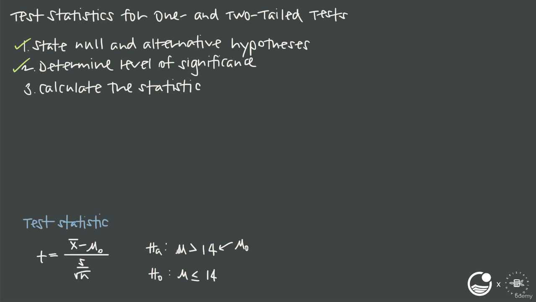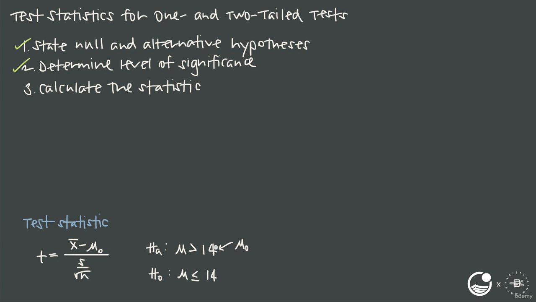Let's say, working with this set of hypothesis statements, that we are running a warehouse, a distribution center, shipping out orders, and we're hypothesizing that mean order processing time is longer than 14 hours. That is, the time from when the customer places the order online to the time we actually ship the order out of the warehouse is greater than 14 hours.